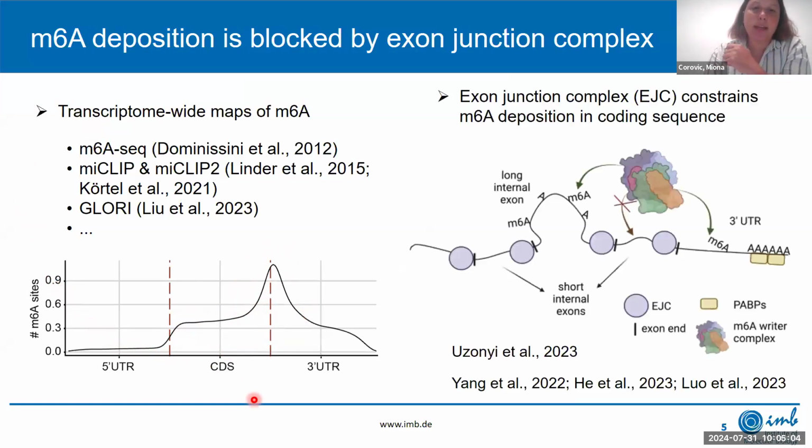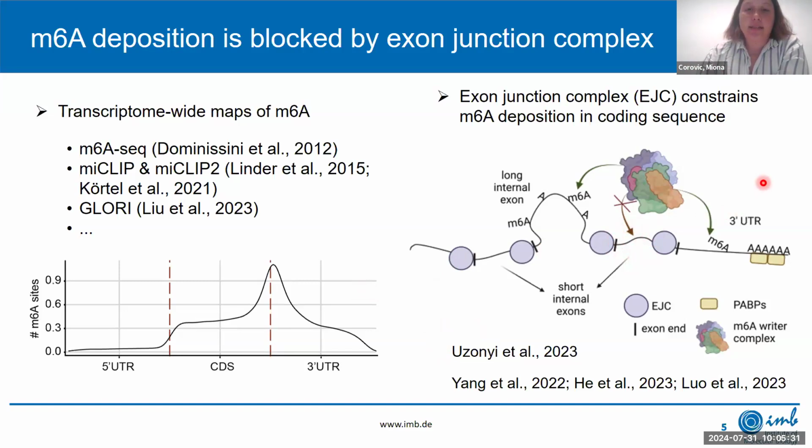And that was a big question: how does this happen, that we have less of it in the CDS? This was answered by these 4 great papers from the beginning of last year, where they discovered that at the exon-exon boundaries, there is the exon junction complex sitting, and it prevents the M6A writer complex from depositing M6A, which makes deposition very difficult in short exons.